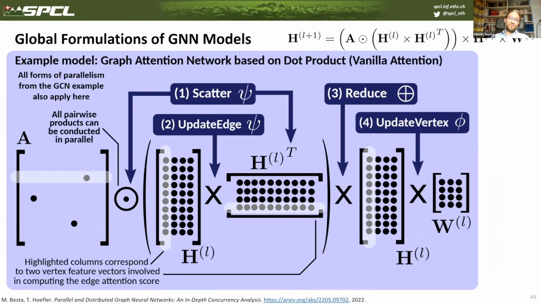We can apply all these element-wise products between the adjacency matrix and this dense matrix in parallel, and the same for the dot products between the corresponding feature vectors. We can apply the dot product computation fully in parallel to compute the edge scores for every edge separately.